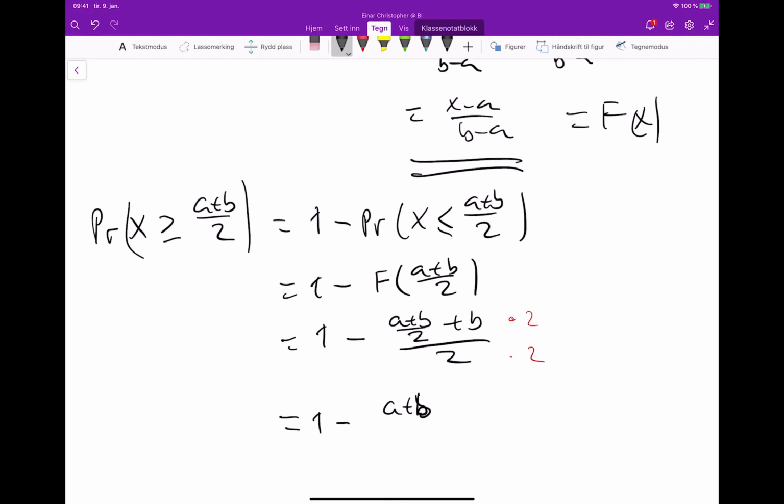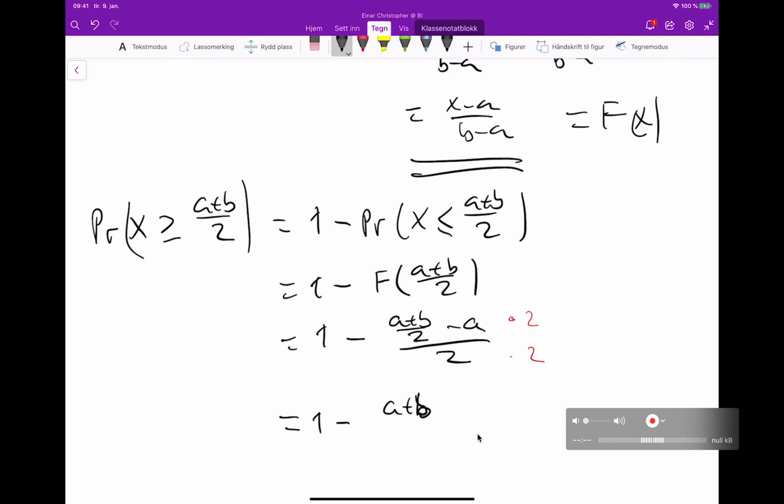Here is something I don't, oh yeah, sorry. Here it's minus a, this one. x is a plus b over 2, so a plus b over 2 is the x, and a is a. So I don't know why the b stood there.